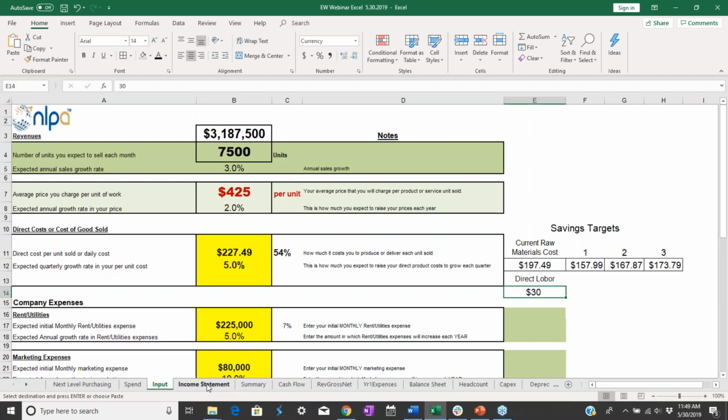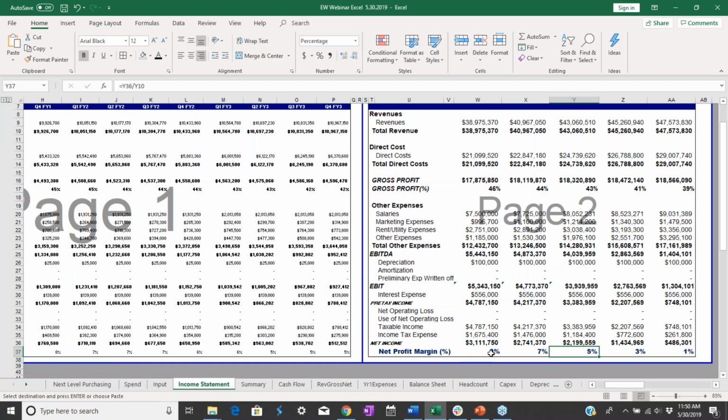So we already know that if we operate at the current state, which is $197, as we saw from the other sheet, that's not meeting our requirements.